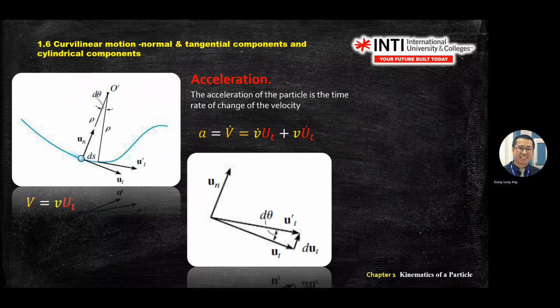Make sense? You start with un and ut first, but when there's a change of angle, you know that normal is always pointing to the center. So when there's a change of angle, the vector form is du.